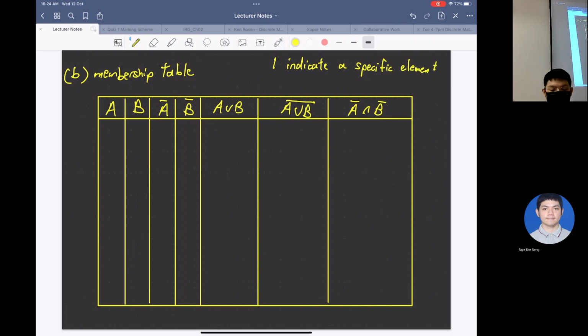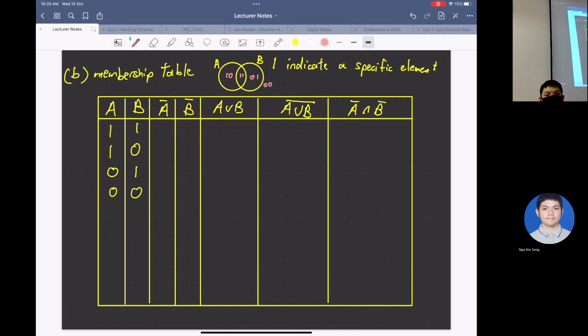Let's say 1 1 means this element exists in both A and B, so 1 1 stays inside here. 1 0 means it is in A but not in B, so 1 0 stays here. It doesn't make sense if I don't label it, so here should be A, here should be B. Then 0 1 is not in A but in B. And there's another possibility, 0 0, meaning lying outside.